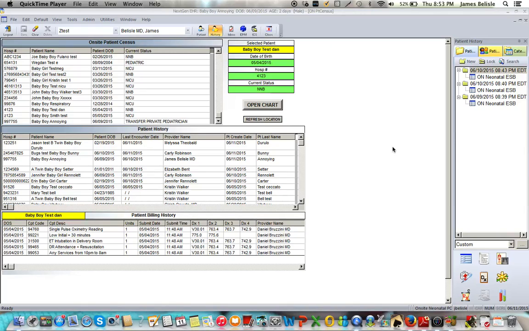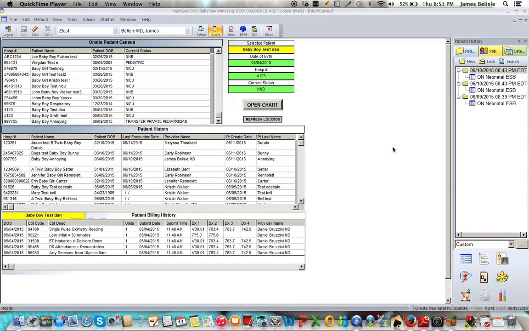What I'd like to do is tell you how to submit a second ESB on a baby after you've already admitted the baby or already done that day's billing, and something has happened to the child that requires more intervention and therefore a higher billing code.